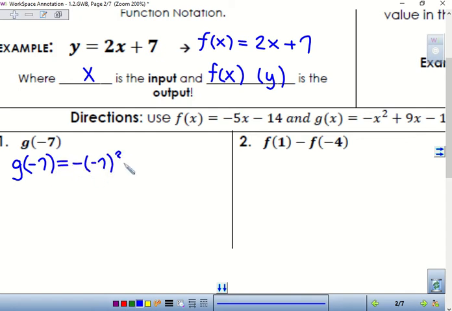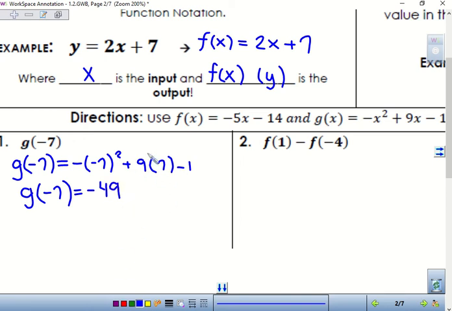When you do that, please be careful that you're putting things in parentheses, okay? Now here is where things can get a little tricky. What is a negative number squared? A positive, but we have that negative sign on the outside, so this one ultimately becomes negative. It's going to become -49, okay?